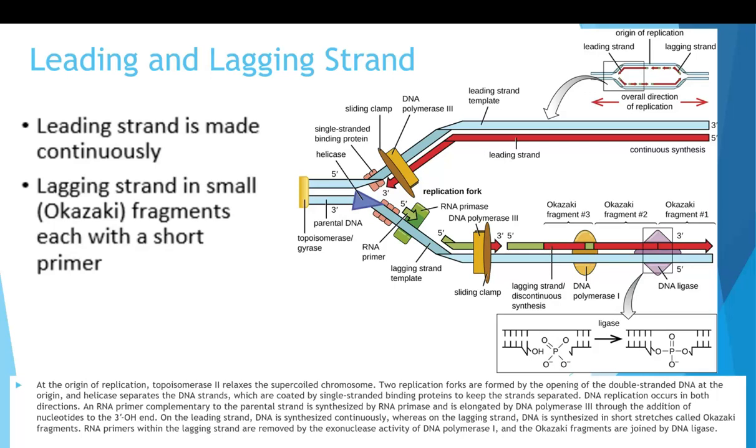Eventually these fragments, with the help of some enzymes like ligase, are going to attach together and make a complete strand. But since we make this strand in small fragments and discontinuously, we call this strand the lagging strand. So the leading strand we make continuously, but the lagging strand we make discontinuously.